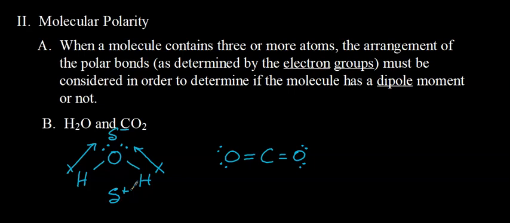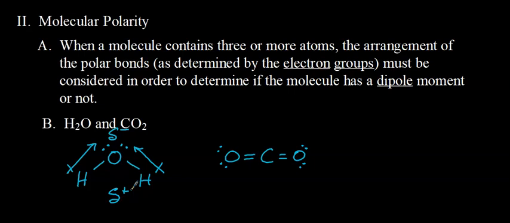Now let's compare that to carbon dioxide. So what these 2 molecules have in common is that they both have 2 atoms bonded to the central atom. However, they have a different number of electron groups, and that's what makes the difference between, in this case, polar and nonpolar. Still, though, let's take a look at the polarity of each of the bonds in carbon dioxide. Of the 2, carbon versus oxygen, which one is more electronegative? That, of course, would be oxygen.